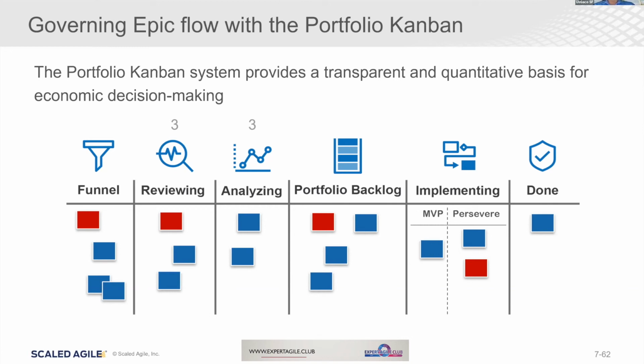And if that's successful, they might persevere, and that might continue for a very long period of time, as long as they're still adding business value. But at some point, the lean portfolio management committee might say, there's other things more important, so we're going to call it done.